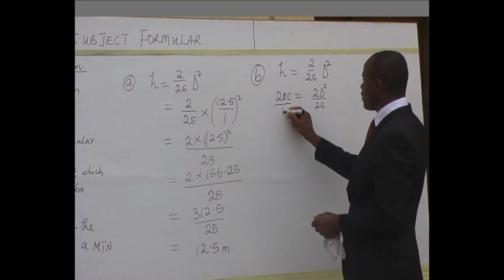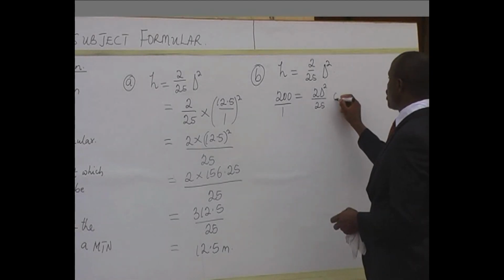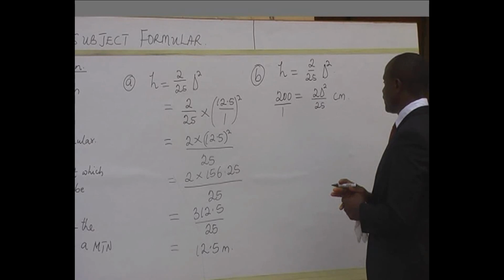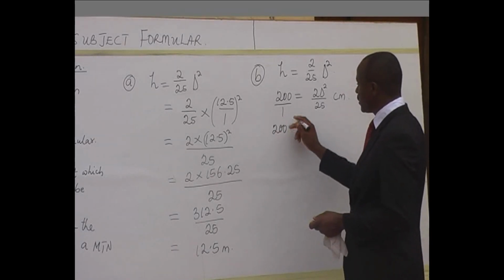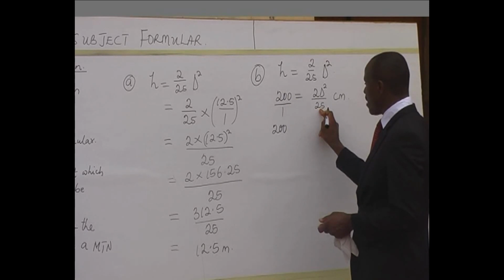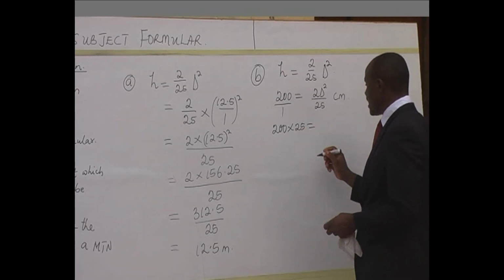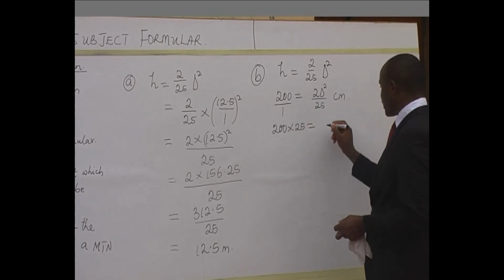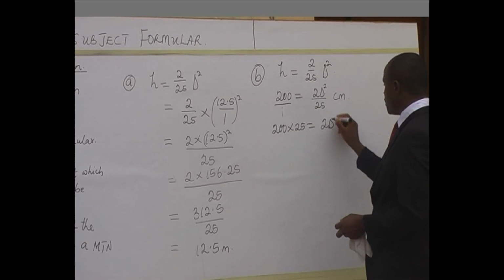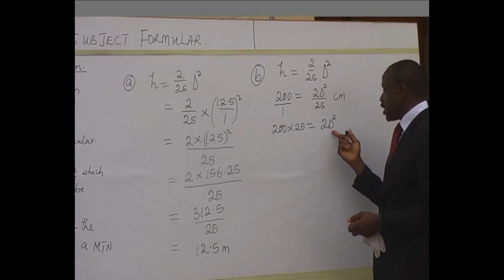If you write the 200 over 1, that means you have changed it to a fraction form. At this juncture, you can cross multiply. You have 200 times 25 on one side, and on the other side 2 times d squared times 1, which will give you 2d squared. Remember that d is the unknown.